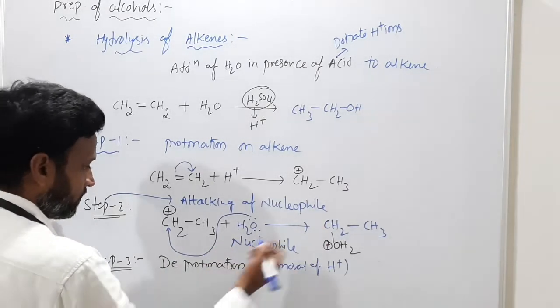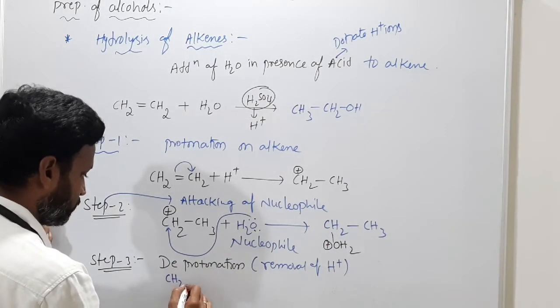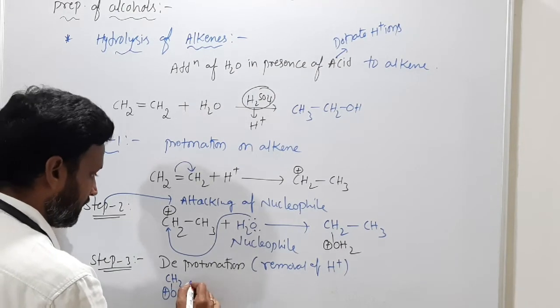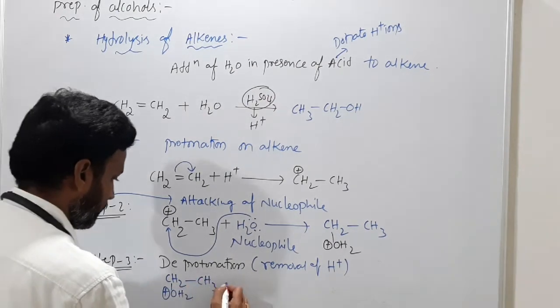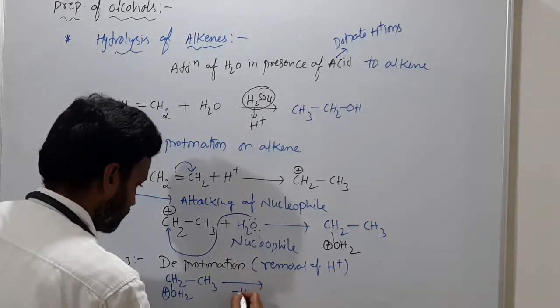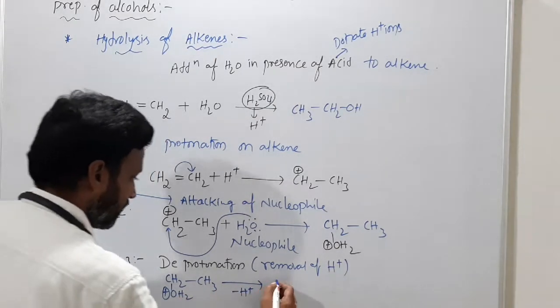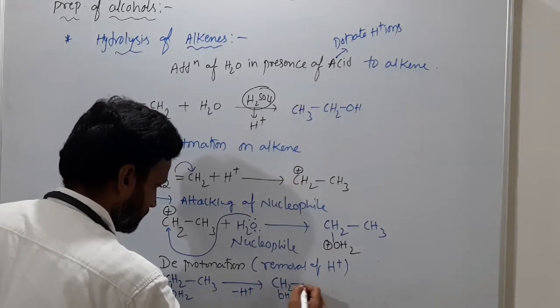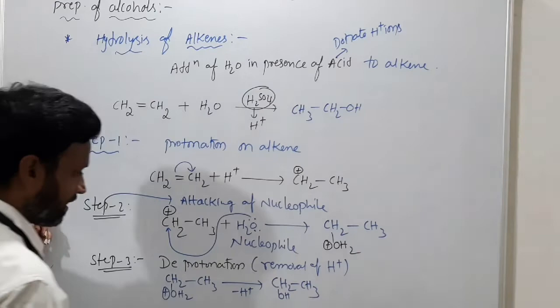Okay. So what happens from this now? CH2 and OH2 plus and CH3, and from this minus H plus. From here now you will get CH2OH single bond CH3. This happens.